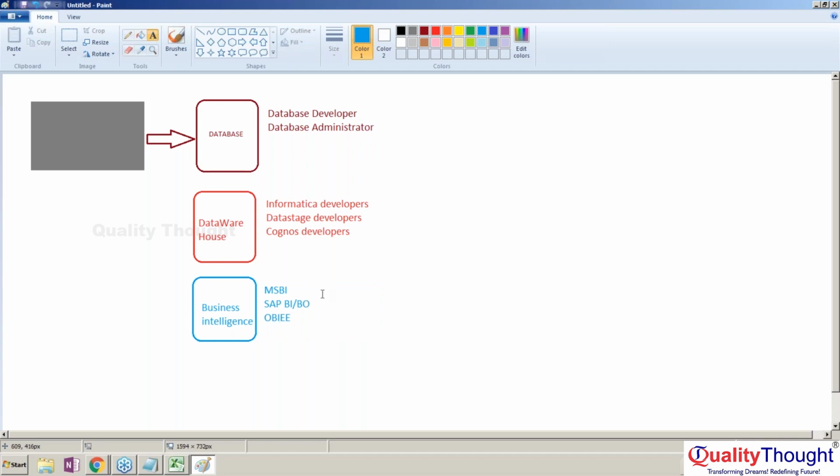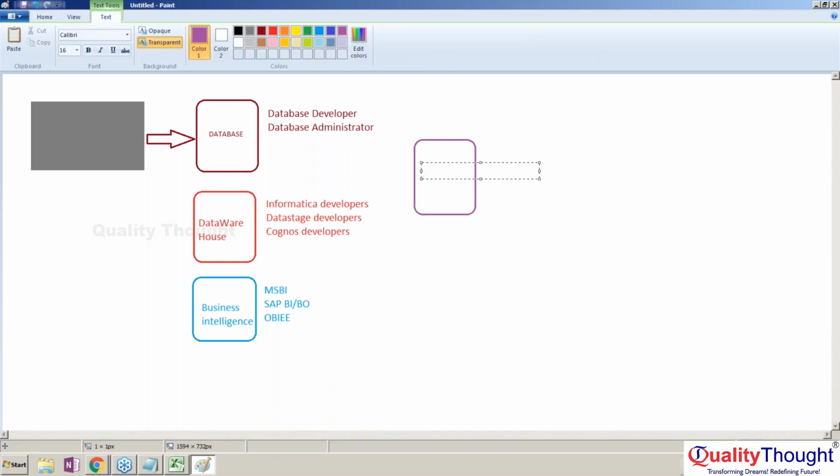Now we could come to the very next level, which is called analysis and visualization tools.